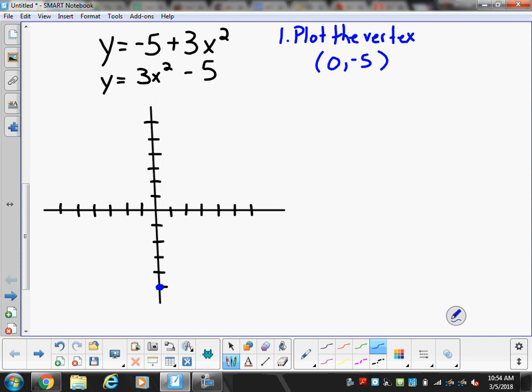And what's my second step? Well, I've got my starting spot. So now I need the rest of my graph at this point. So, table of values.